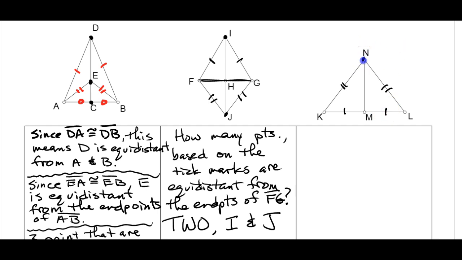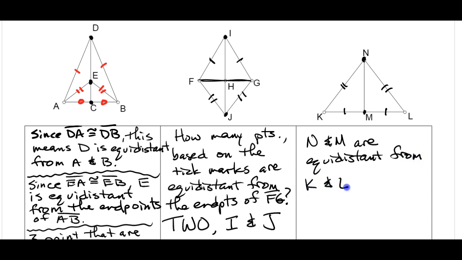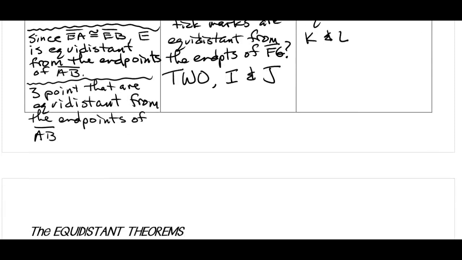So again, I would have 2 points, N and M. N and M are equidistant from K and L. N is the same distance from K as it is from L, and then separately M is the same distance from K as it is from L. So I have 2 points that are equidistant from the endpoints of this segment. Alright, so that's the basic concept of equidistance.